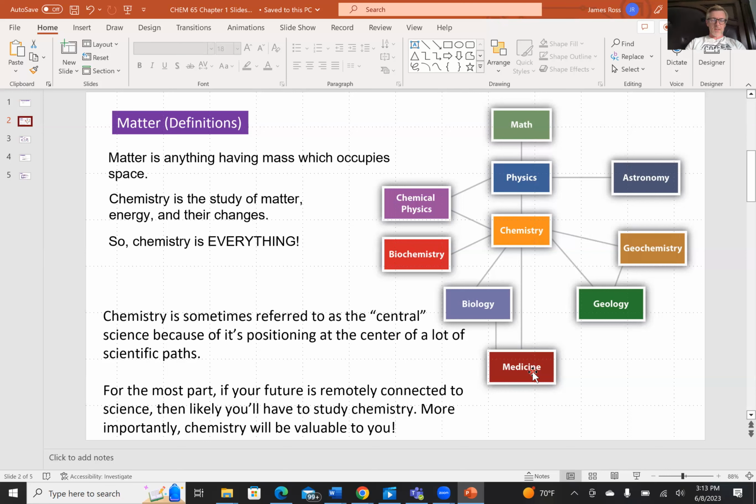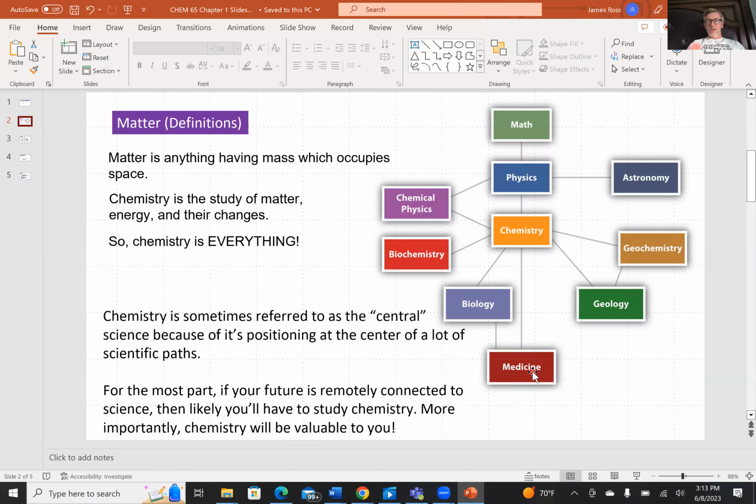Anyway, I've just embarrassed myself. But some kind of engineering. So you would be a structural engineer. That's something I do know, the structure of things. If you're a structural engineer, whatever the object is that has a structure, has mass and occupies space, you are a chemist.